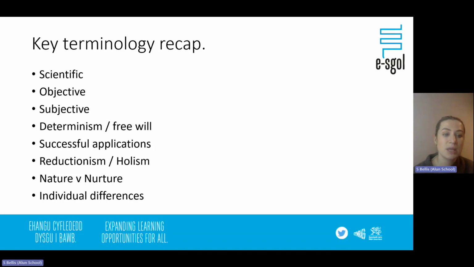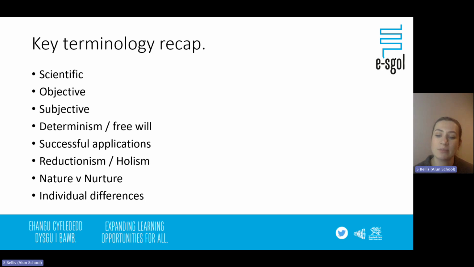Now, reductionism means if something's reduced, if there's a reduction, it means that there's less of something. So it means that your behaviour is reduced down to just a certain few things. Again, for example, in the biological approach, they say that all behaviour is driven by our brain and our biology.